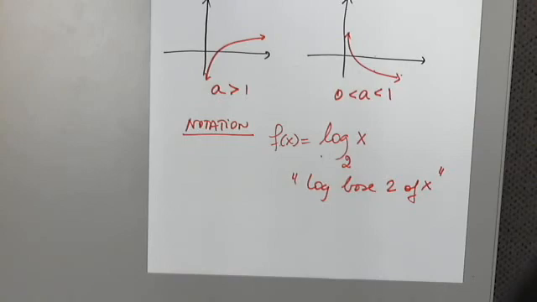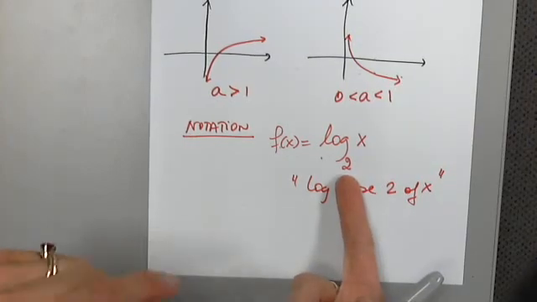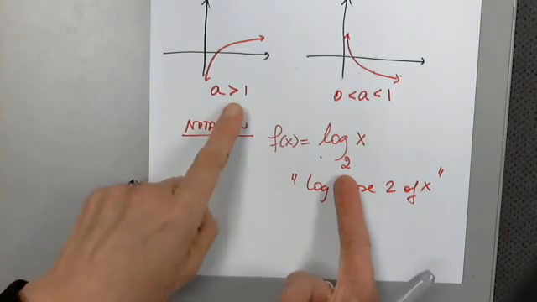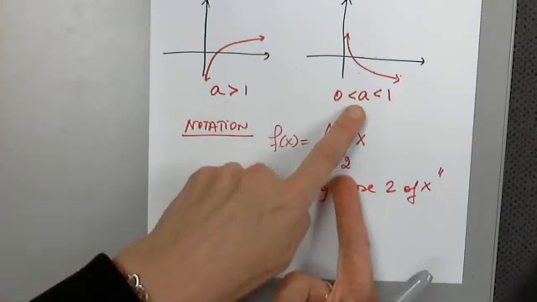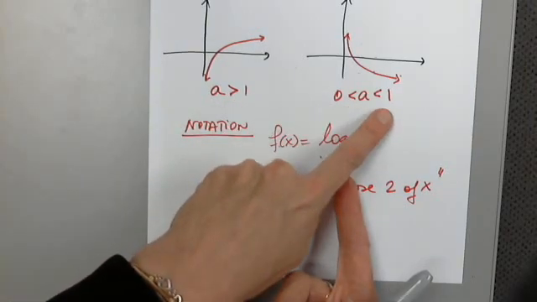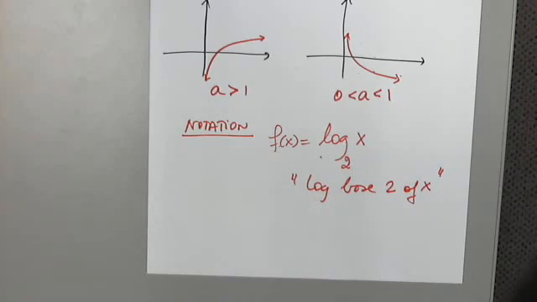Or log base 5 of x, or log base 1/2 of x. The base must be the same as the base of the exponential, either a number greater than 1 or a tiny number between 0 and 1. Any questions so far?